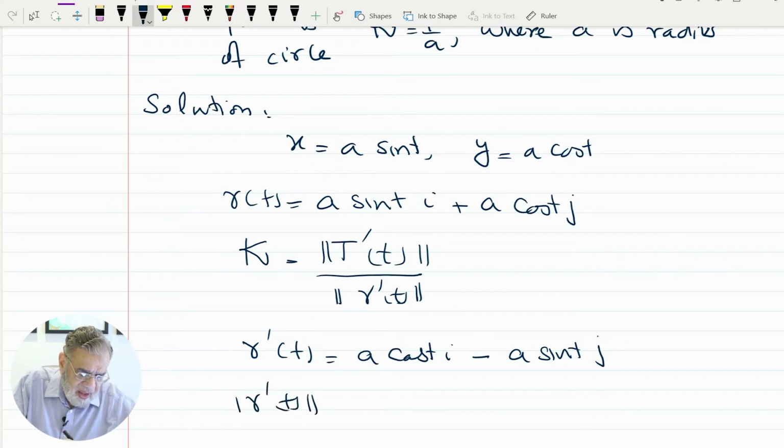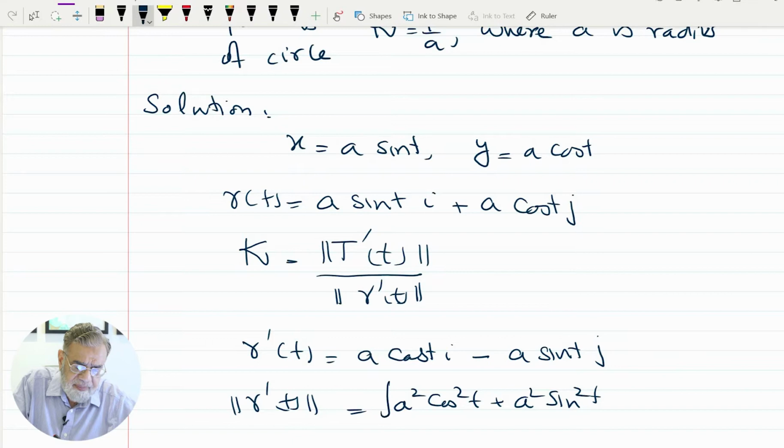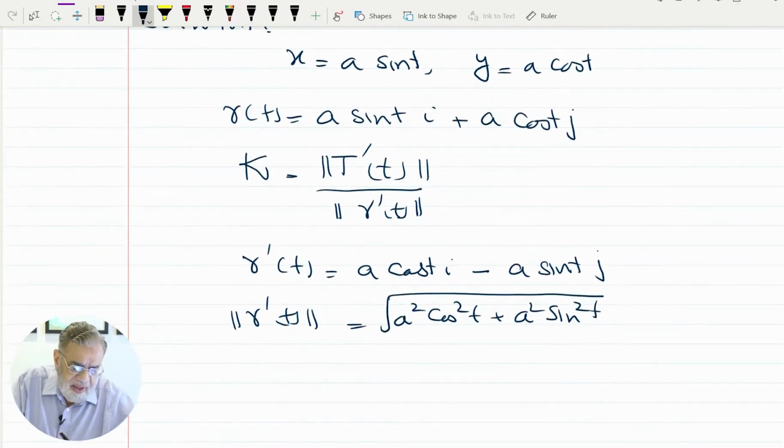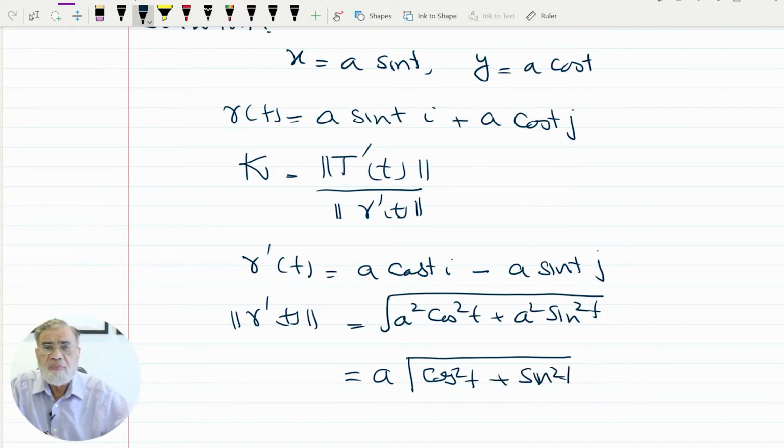Again, we have a square cosine square t plus a square sine square t under the root. So here we can take a square common, and from the root we get a out, and we get cosine square t plus sine square t. And you know this trigonometric identity, that cosine square t plus sine square t is equal to 1. So this gives me the magnitude of r dash of t is equal to a.